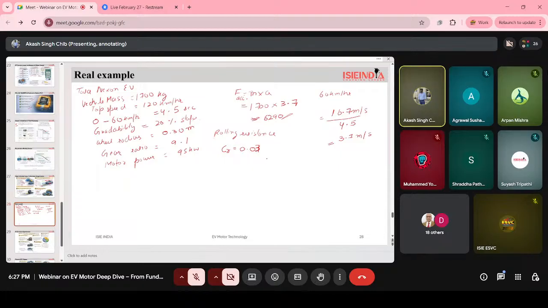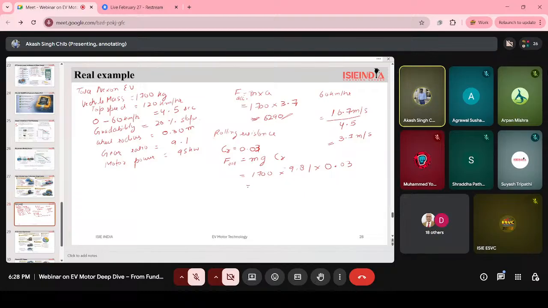Now, what is the formula? F roll equals M into G into CR. Mass is 1700 kg, G is gravity, around 9.81 meter per second square, and CR is the rolling resistance coefficient, which is our 0.03.